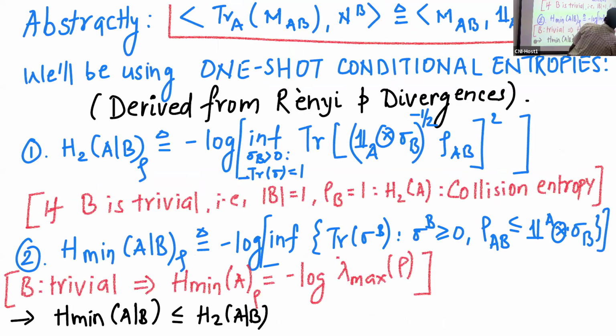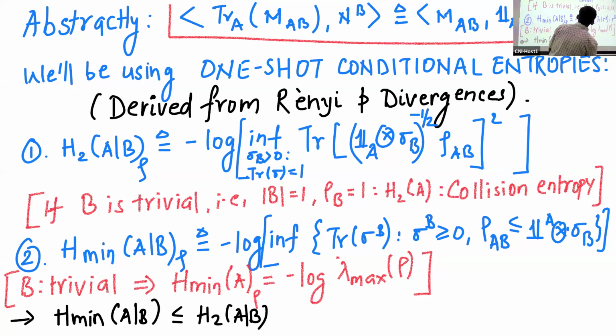Yes, and now we'll be working with the one-shot conditional entropies, and all of these will be quantum entropies. This is the following definition. Now we are moving on to something a little more advanced and more quantum. If I define the conditional Renyi 2 entropy of system A given B evaluated over the state rho AB, then this is essentially negative log of a minimization over all the marginal states sigma B on the system B, of the trace of identity tensor sigma B to the power minus half times rho AB, squared.